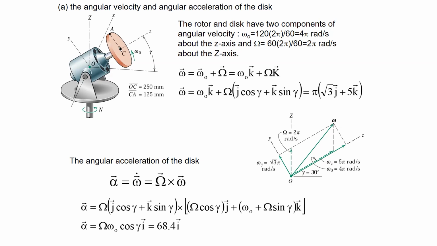Okay, so this is as far as the rotation is concerned. So now if you want the angular acceleration of the disk, we have a constant small omega which is rotating with big omega about the z-axis. For any particle rotating with an angular velocity, we can use the cross product and say omega cross omega.